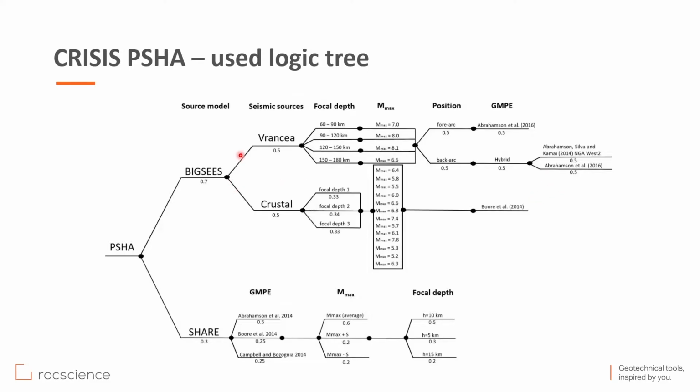In our case, I used a complex logic tree where the BIGC's model had 0.7 weight and SHARE 0.3 weight. And of course, the BIGC's branch system is very similar to the logic tree used by Pavel et al.